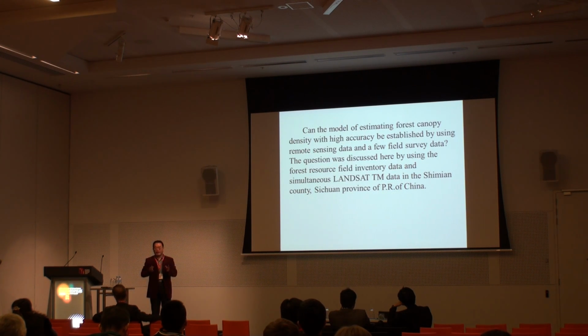So now we have a lot of forest inventory field data, and on the other hand, we also have a lot of Landsat TM remote sensing data. How to combine the two data to discover some relationship, discover some knowledge? This is my work: to combine the two data to discover some knowledge.